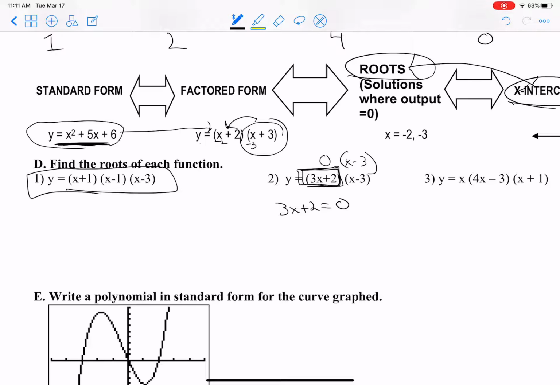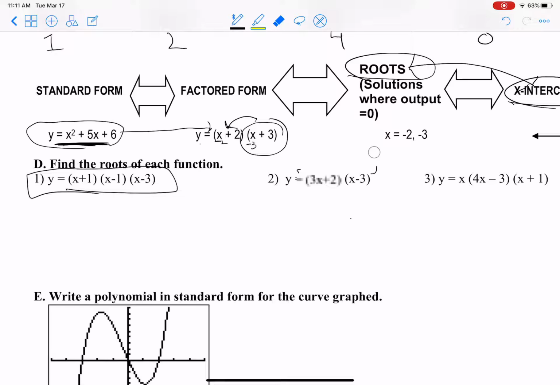It doesn't matter what number I put in here. So this is some easy algebra to solve. Minus 2, 3x equals negative 2. Divide by 3, divide by 3. X equals negative 2/3.